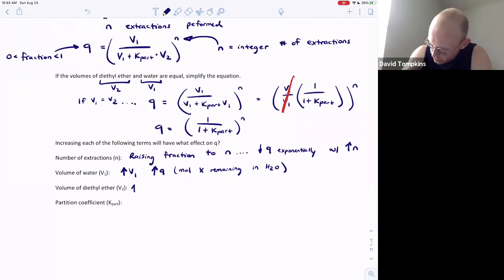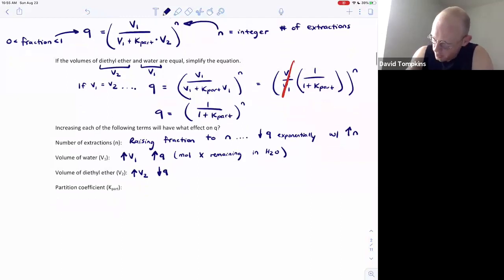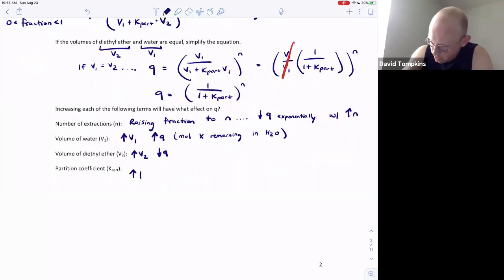If you are to increase the amount of ether that you're extracting X with, then more of the X will come into the ether phase, or will decrease Q. There will be less, or a smaller fraction, remaining in the original phase. And if you increase the partition coefficient, that means we're going to increase the amount of X in the organic phase.